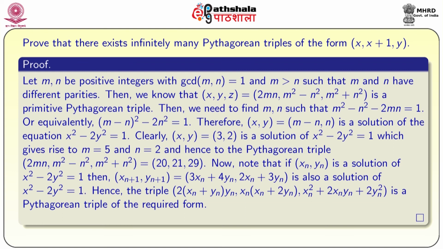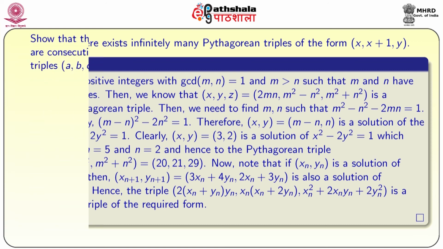Hence the triple (2(x_n+y_n)y_n, x_n(x_n+2y_n), x_n² + 2x_n y_n + 2y_n²) is a Pythagoras triple of the required form.